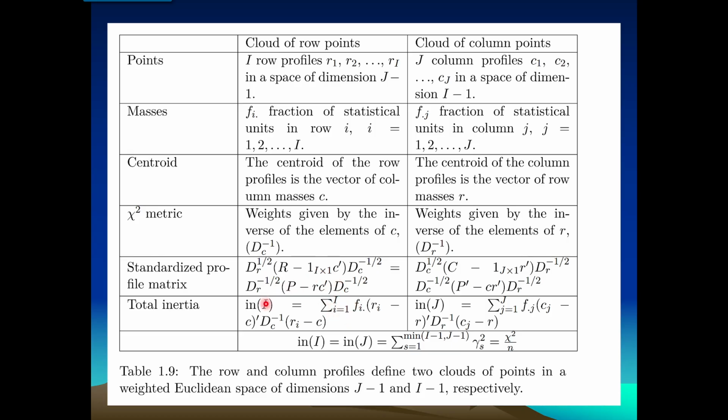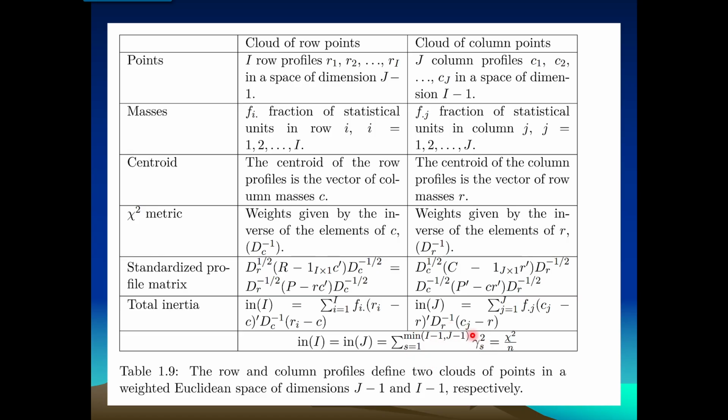Total inertia, therefore the sum of the squared weighted distances from each row profile to the respective centroid, or from each column profile to the respective centroid. The total inertia is the chi-square divided by n.